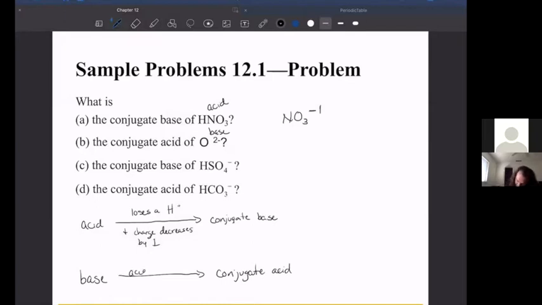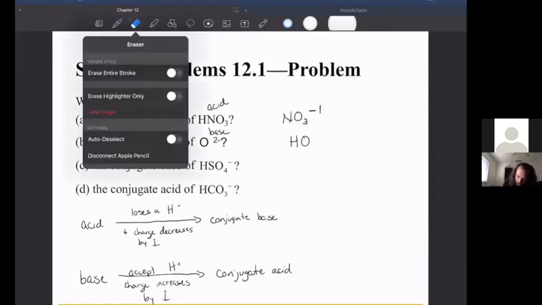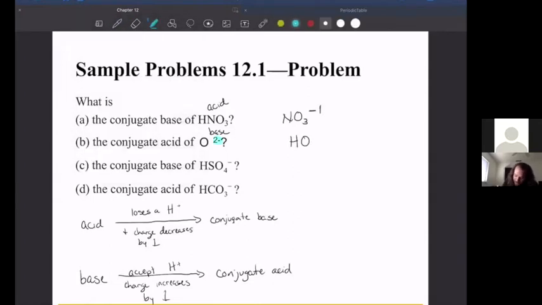They accept H+, and in the process, the charge increases by 1. So I'm going to have to add a hydrogen, right? Because that's what my base did, is it accepted a hydrogen. And I have to increase my charge by 1. So I go from a charge of -2 to -1.